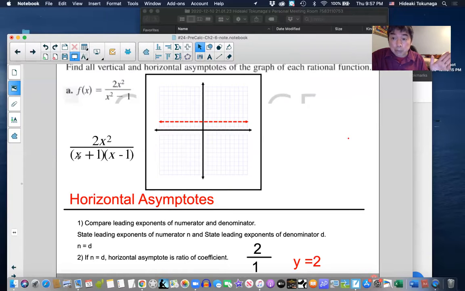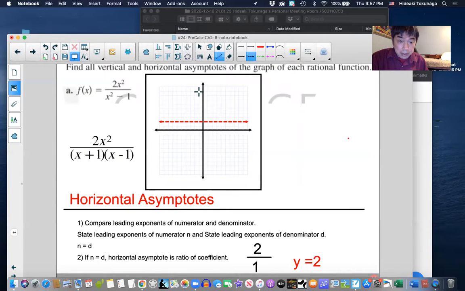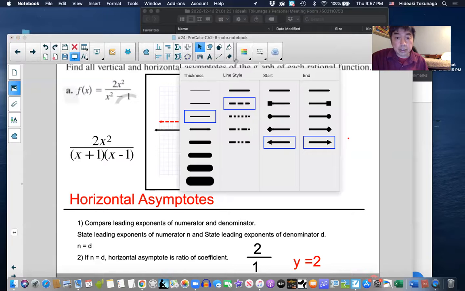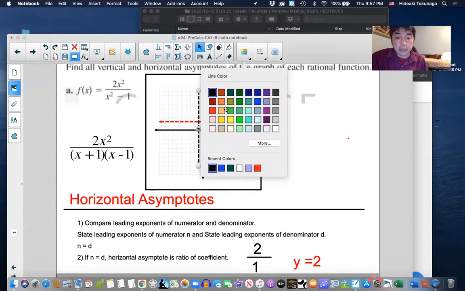But there are numbers approaching this one from the negative side and the positive side, right? So that it becomes a vertical asymptote. So I will choose x equals negative 1, which is this way. That's called a vertical asymptote, for both directions, and I use the color green.